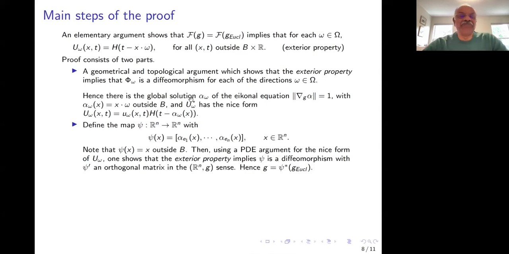But this was important for us because this allows us to write the solution U omega equals this. And now we can apply PDE arguments to U sub omega. Okay, before that, if it just said it's a Lagrangian distribution, it's very hard to work with that and prove estimates, especially for uniqueness for the inverse problem. So this argument allows us to simplify. So there are two parts to the argument.